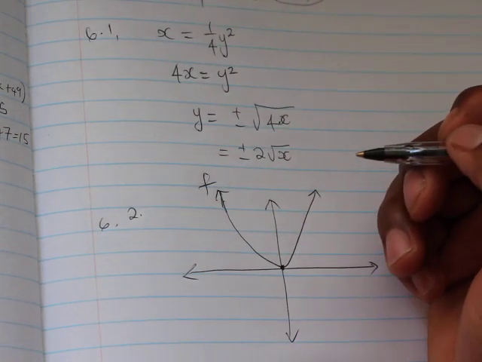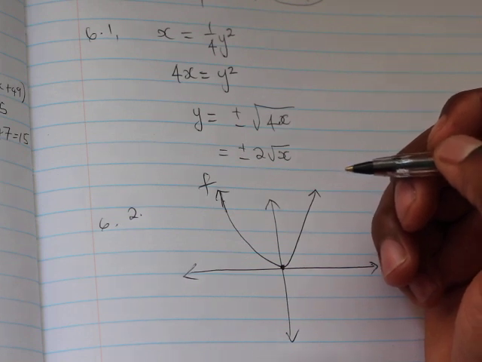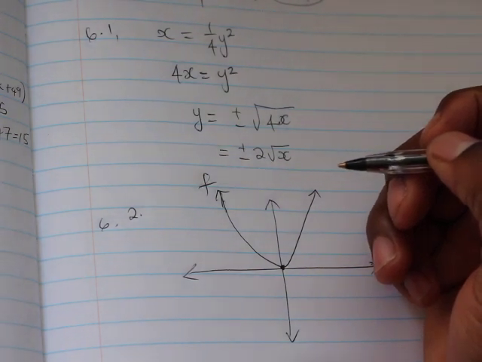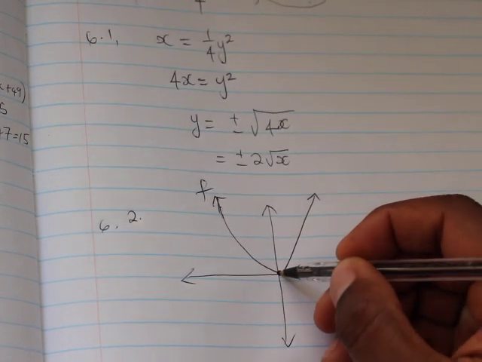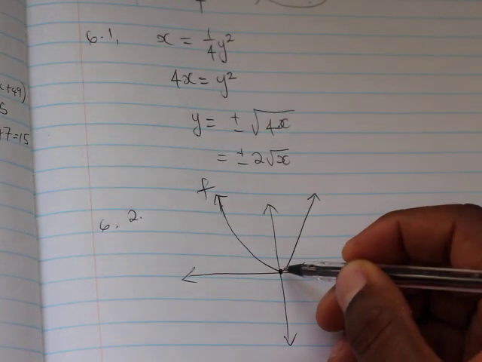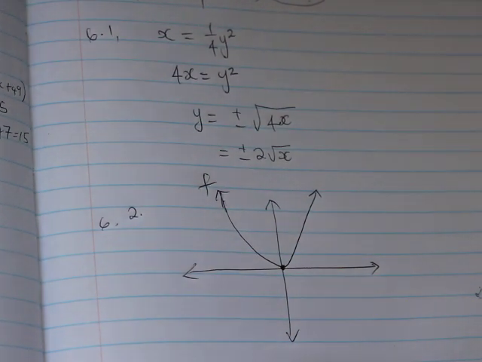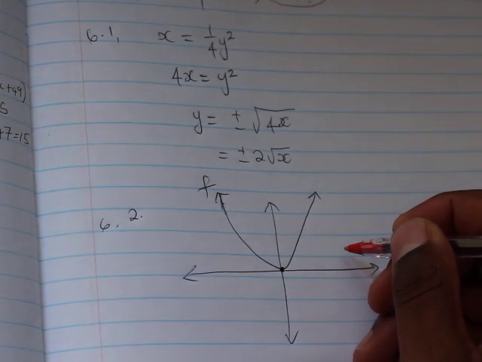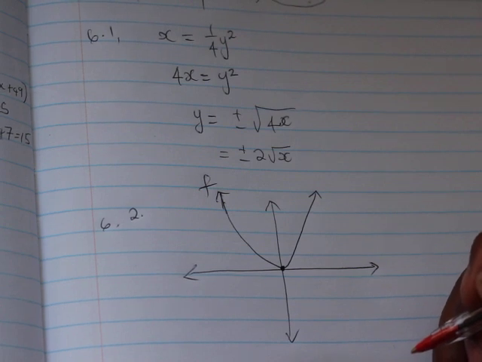And when we're drawing our f inverse, we need to be very careful, because they said that the function must be drawn where x is less than 0. So normally you would have something like this. Let me draw it with a red pen. Normally we would have something like this as the inverse.